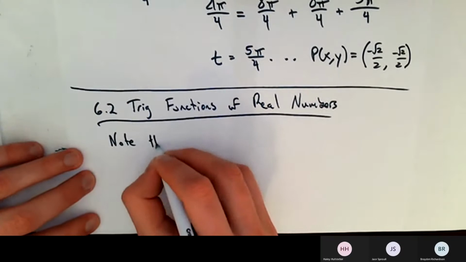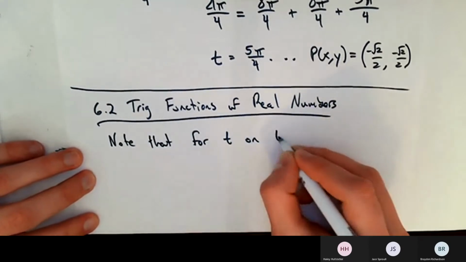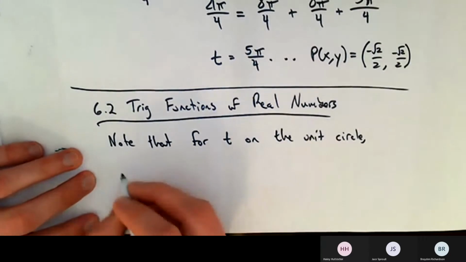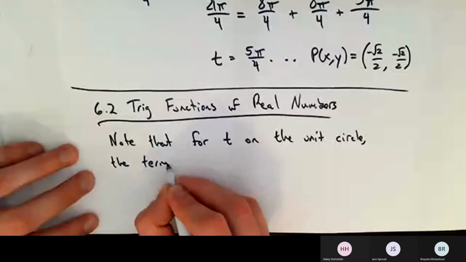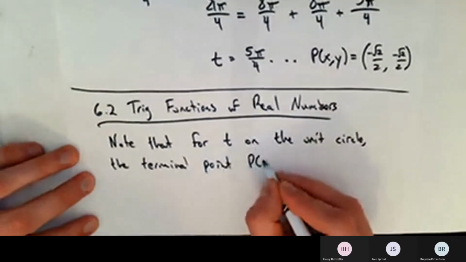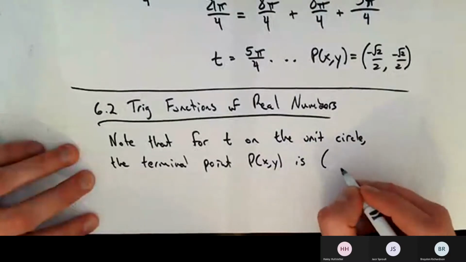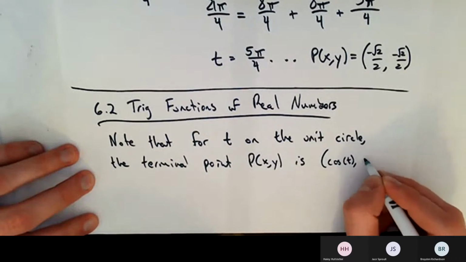Let's just recall or note that for t on the unit circle, the terminal point is given this way.